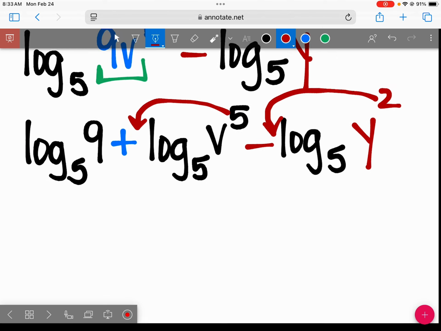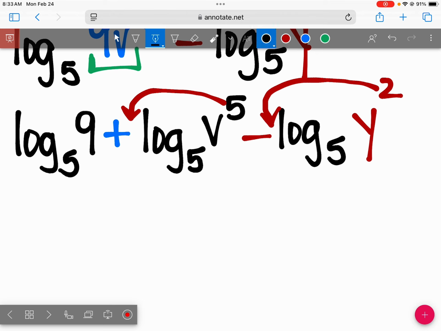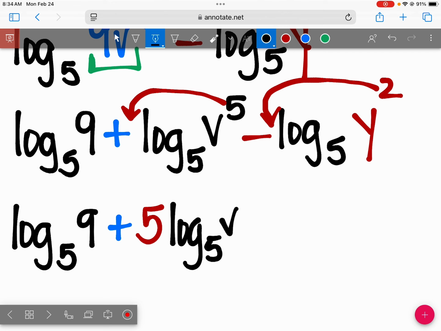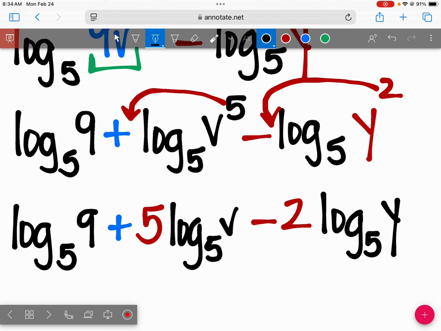So my final answer is log base 5 of 9 plus, and then we'll have 5 times the log base 5 of b, minus 2 times the log base 5 of y.